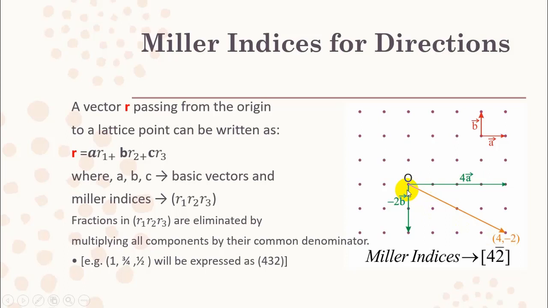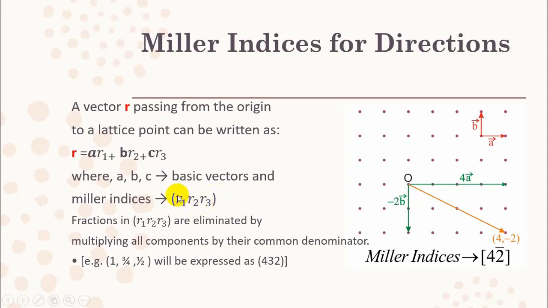Let's see. A vector r passing from the origin to a lattice point can be written as r equals r1 a plus r2 b plus r3 c, where a, b, c are basis vectors and the Miller indices are r1, r2 and r3. Notice that these three quantities r1, r2 and r3 are not separated by commas, and they are enclosed by parentheses.